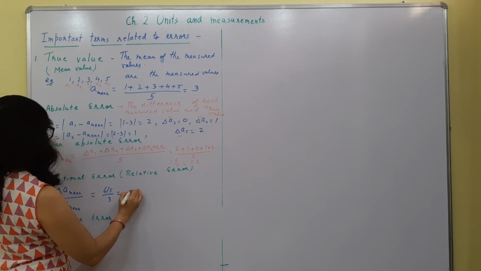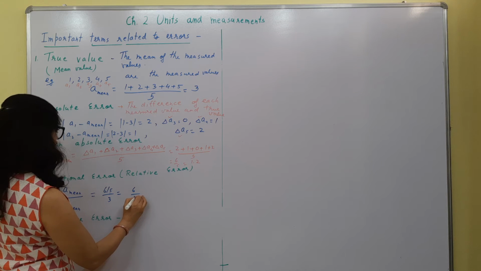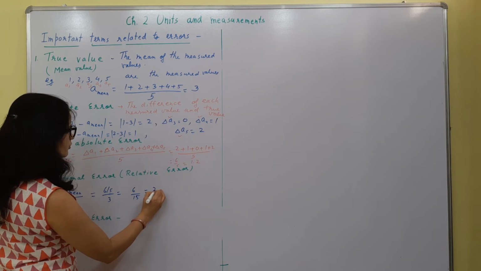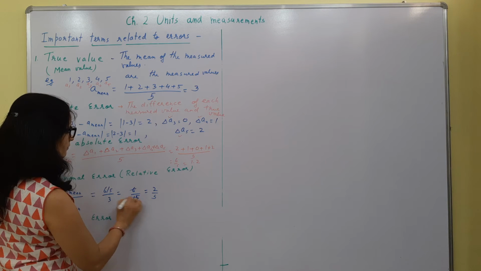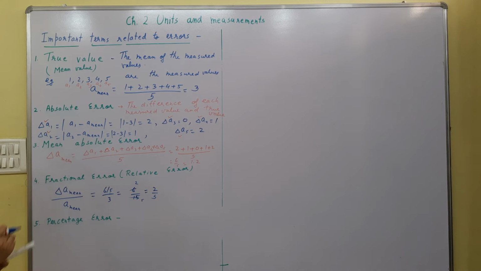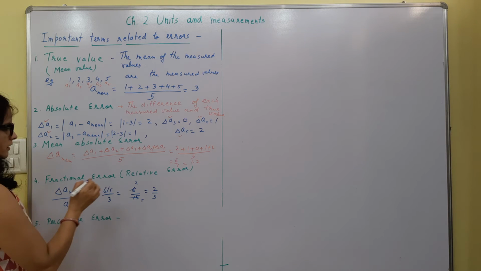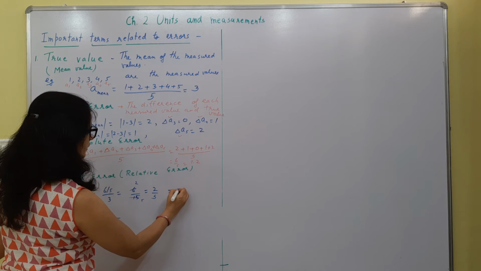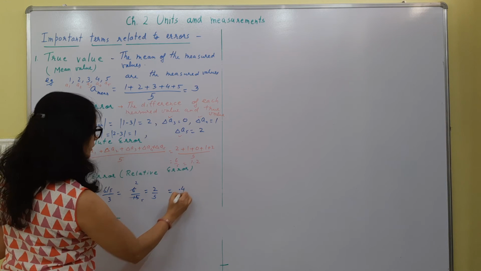So this gives me 6 upon 15, right? So this gives me 2 upon 5. In decimals it can be written as 0.4.